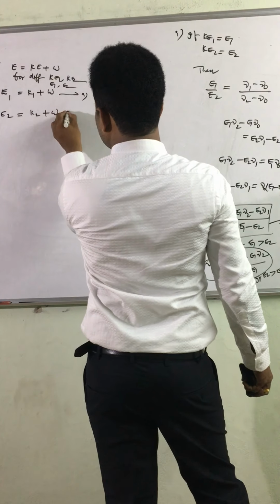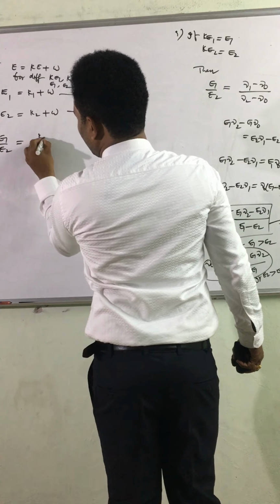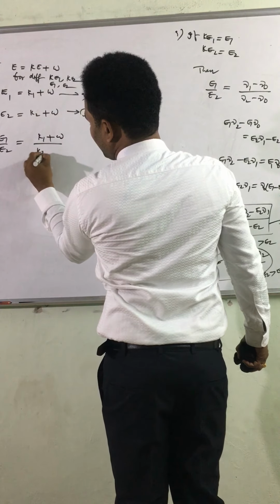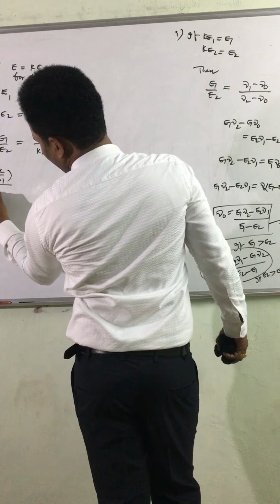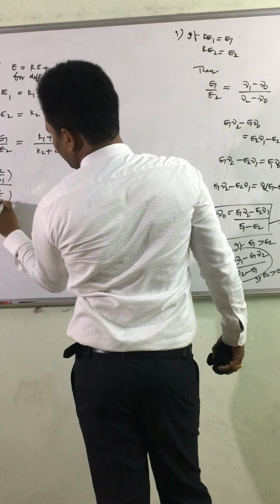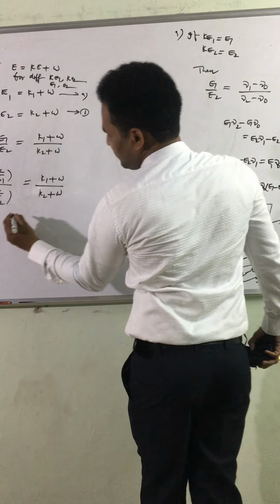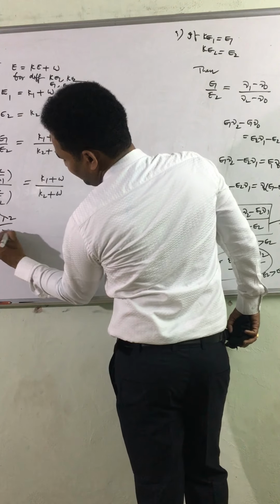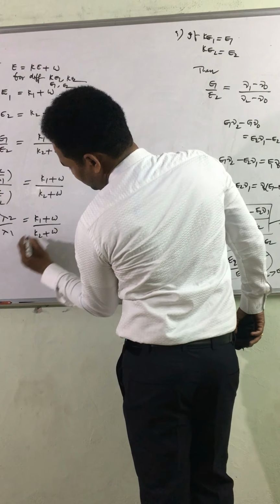So this is A, this is B. E1 by E2 is equal to (K1 plus W) by (K2 plus W). hc by lambda 1 divided by hc by lambda 2 is equal to (K1 plus W) by (K2 plus W). Lambda 2 by lambda 1 is equal to (K1 plus W) by (K2 plus W).